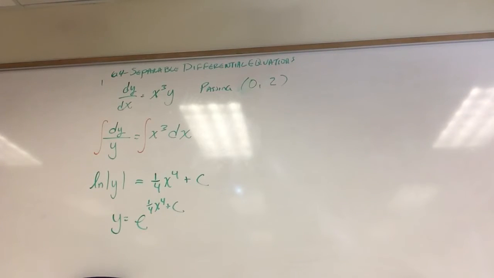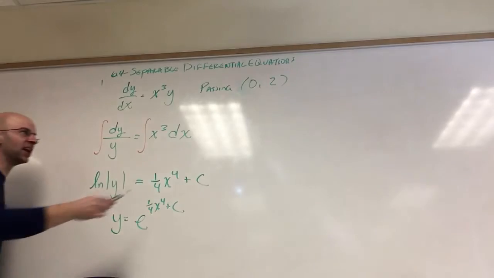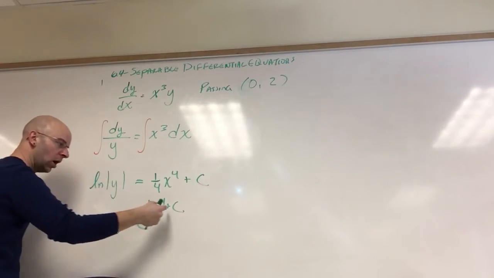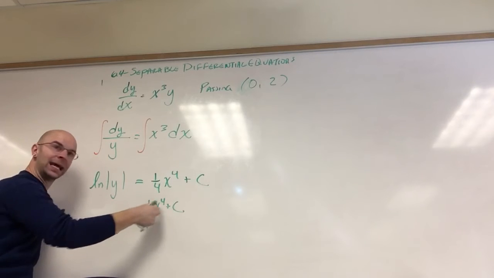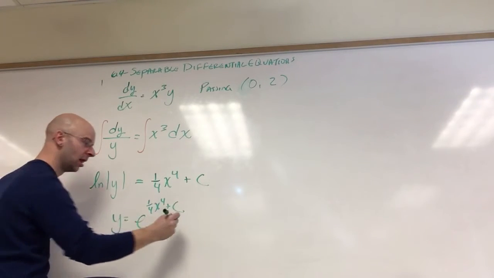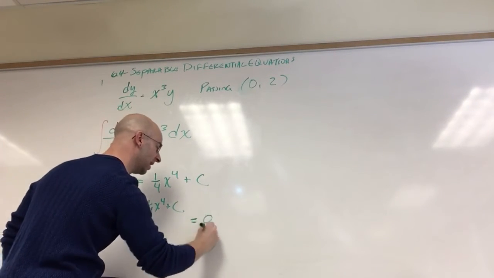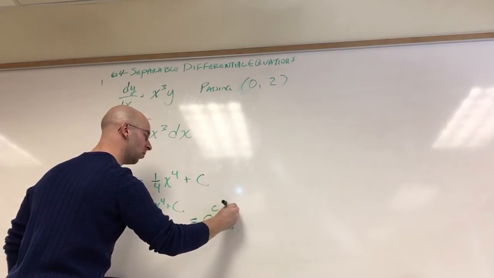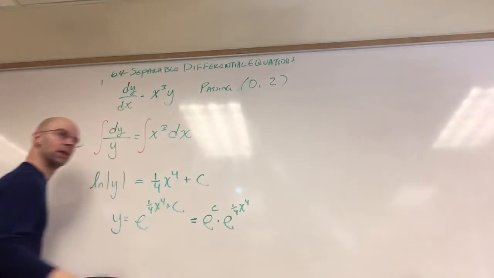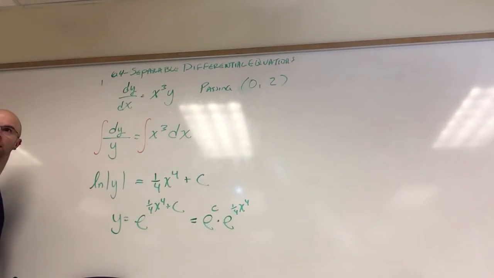I'm going to manipulate this a little bit more before using that initial value. We remember properties of exponents. Adding an exponent, this is like e to the c times e to the 1/4 x to the 4th.